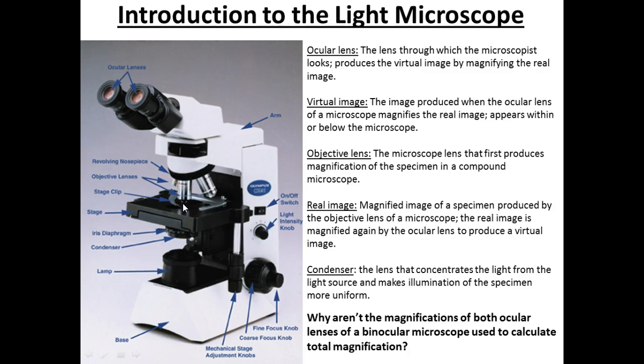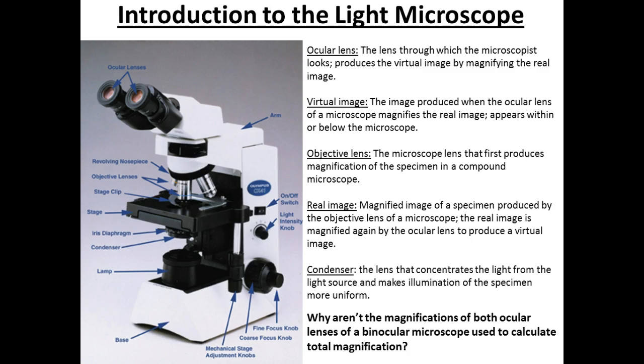So it kind of looks like it's floating inside the microscope. The real image is produced by the oculars. There's several different ones that we can choose from that give different levels of magnification. The condenser is in your stage. That's the lens that's going to focus the light from the light source onto your slide.